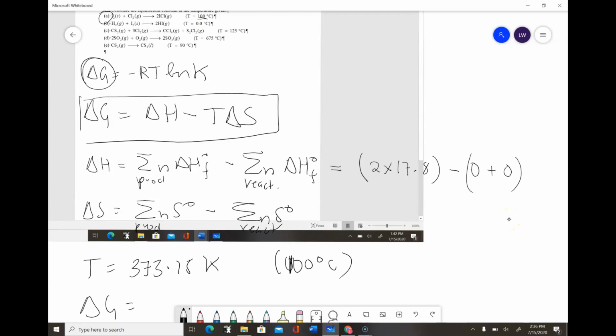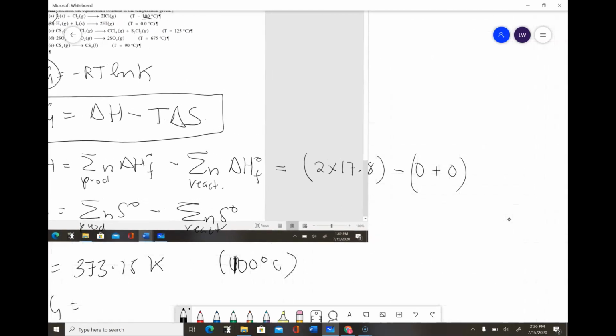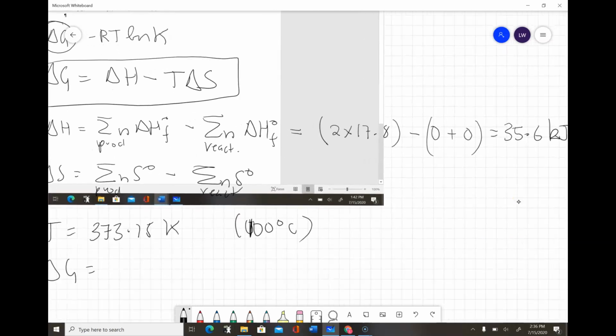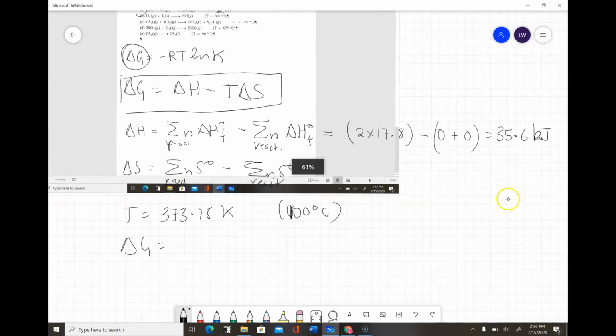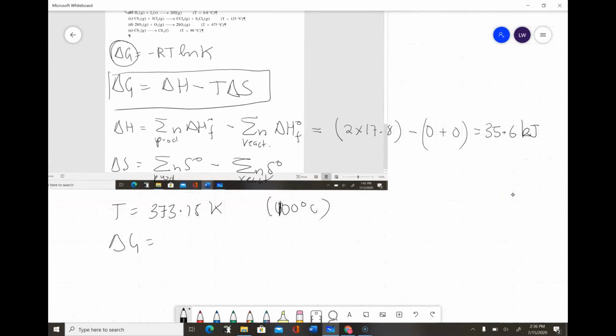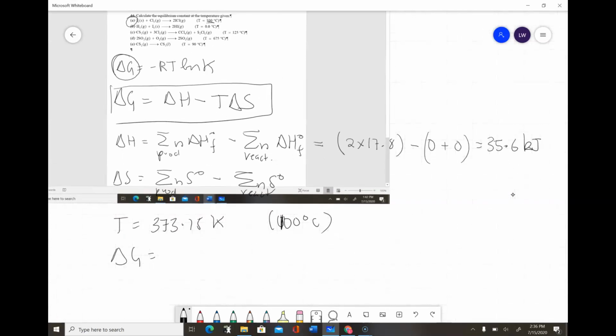So this ends up being 35.6, and what's important here is I have to remember the units, 35.6 kilojoules. So that's my delta H calculated. Let me zoom out a little there. Okay, now we needed the 2 because we've got the 2 ICl.